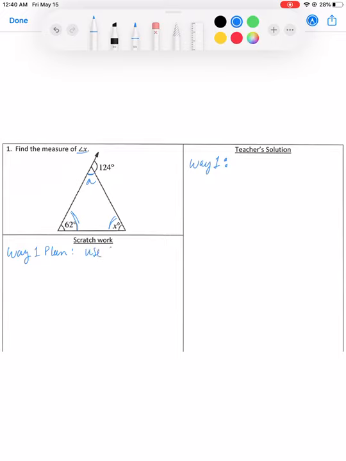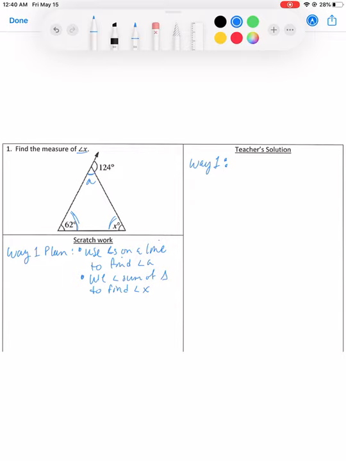I'm going to use angles on a line to find angle A. And then the next step of my plan is to use angle sum of triangle to find angle x, which is my goal. Okay. So for way 1, now we're going to formalize it to a teacher solution. So there's only really 2 steps in this one. Find angle A, then find angle x.